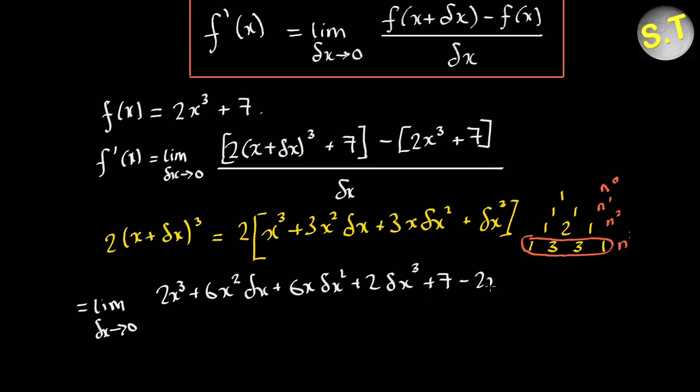Take away 2x cubed, and then be careful because we're subtracting a positive number here. So we're subtracting 7. And as always, this is going to be over the small change delta x.